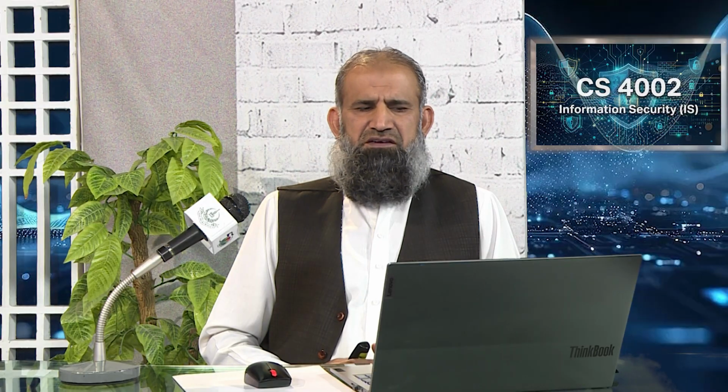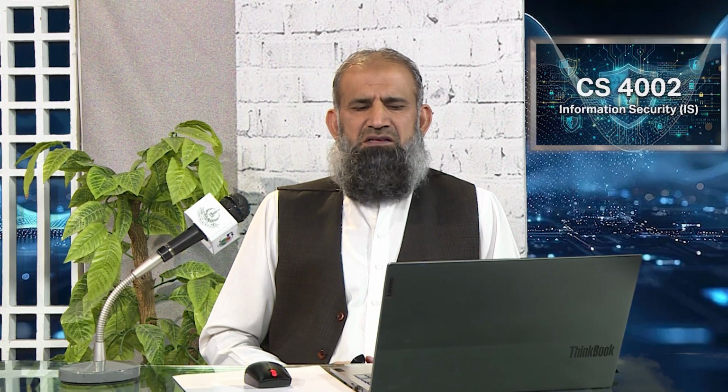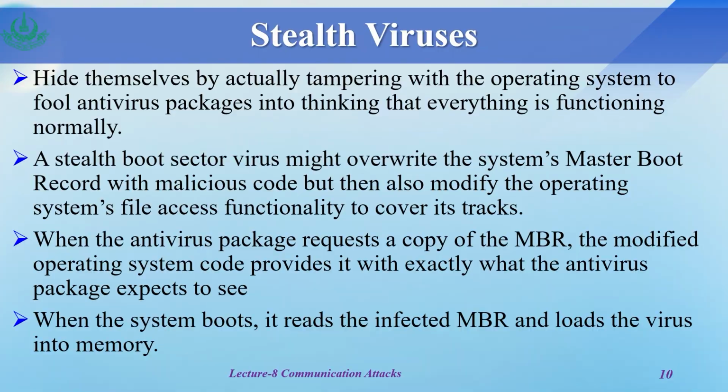Stealth viruses hide themselves by actually tampering with the operating system to fool antivirus packages into thinking that everything is functioning normally. A stealth boot sector virus might overwrite the system master boot record with malicious code but also modify the operating system file access functionality to cover its tracks.